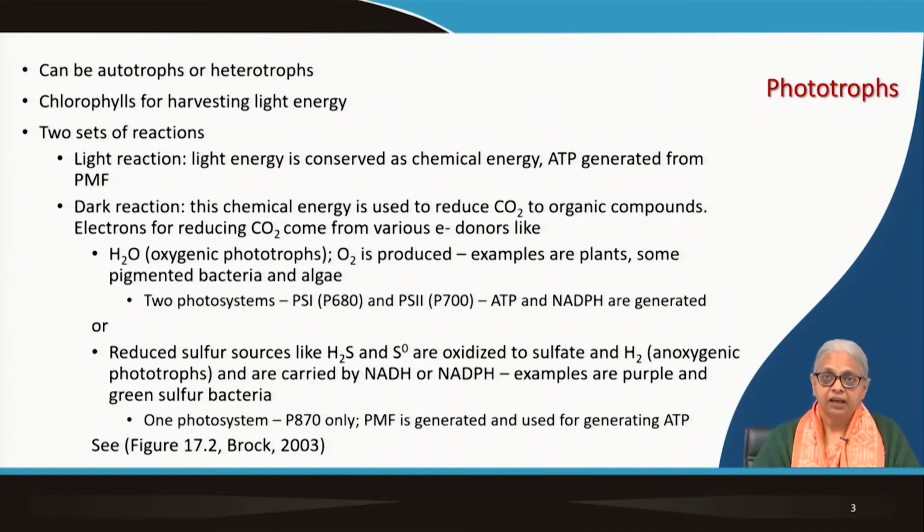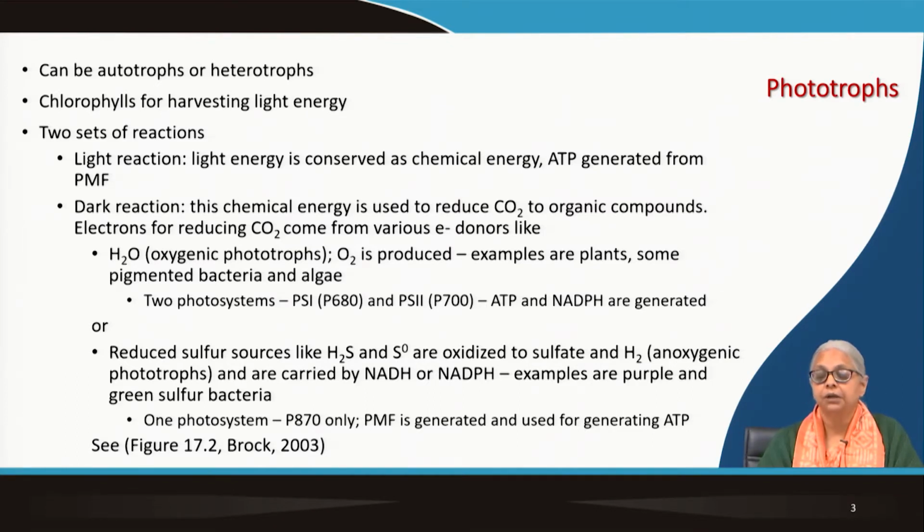Now, we have by now a fairly good understanding of the fact that there are certain species and certain groups of bacteria that are capable of utilizing light energy, photo energy, and they may be autotrophs or they may be heterotrophs.